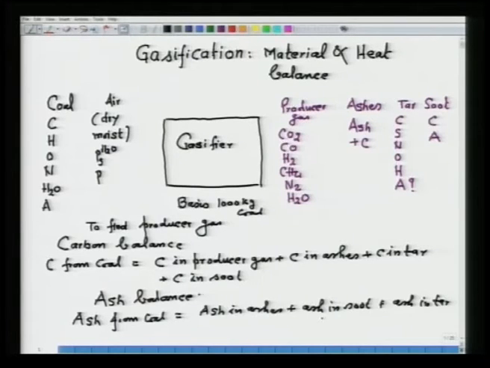The amount of soot is known, the amount of coal is known, the amount of tar is known, and the percentage of ash in ashes is known. By that balance you can find out the amount of ashes, and from the amount of ashes you can complete the carbon balance, and the only unknown is the amount of producer gas. So, you can find out the amount of producer gas.